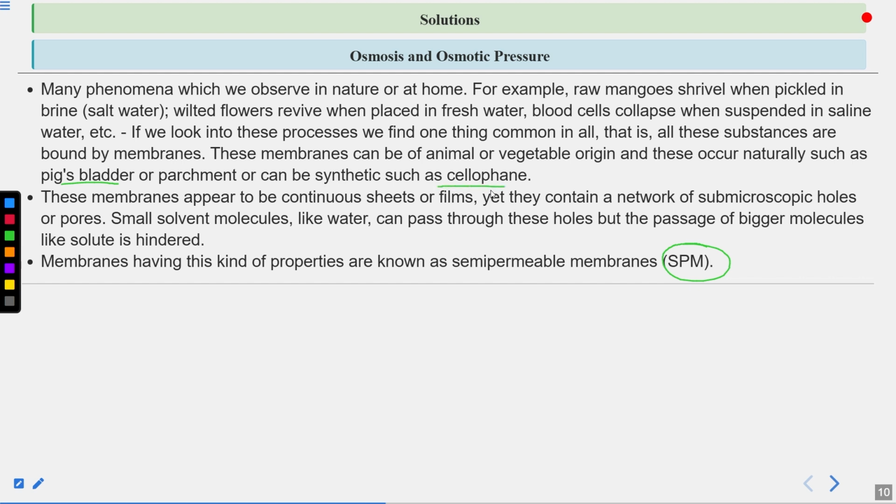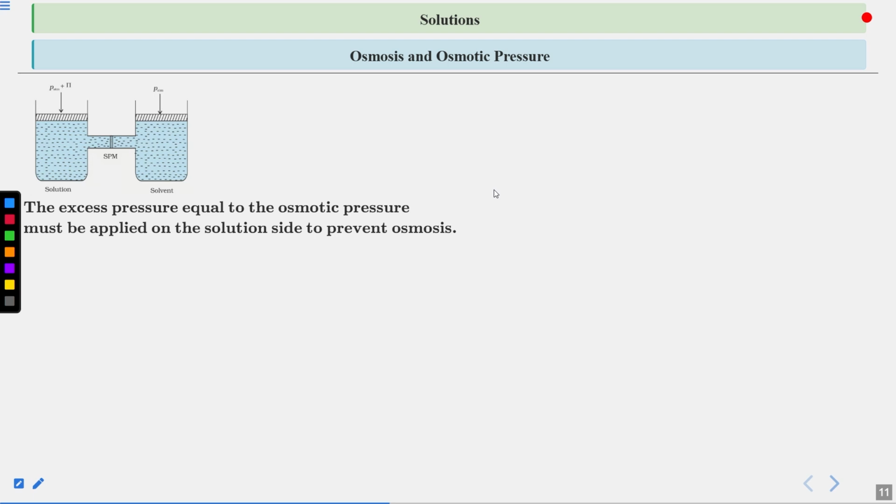Now, here is a diagram showing how we can stop osmosis. If we apply pressure on the left-hand side, the whole flow from the lower concentration to higher concentration is happening due to pressure.